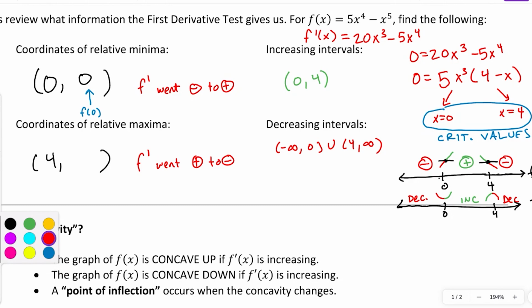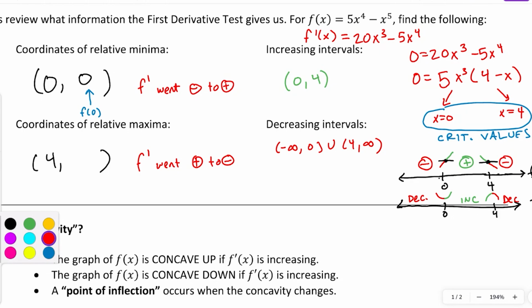Now, for this one, finding the y-coordinate is not really reasonable to do by hand, because you'd have to do 4 to the 5th power. So I'm going to sort of cheat here and use a calculator.